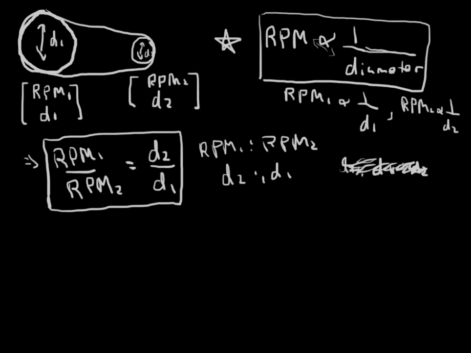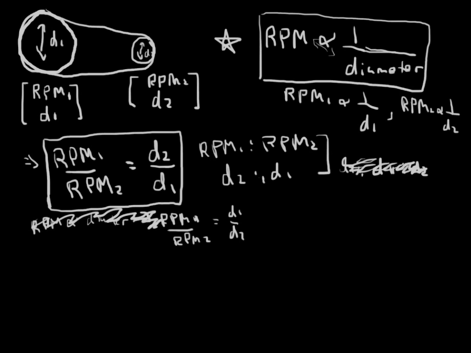So this is what we have right here. If it turned out that RPM was proportional to something's diameter for the pulley, then we would write RPM 1 over RPM 2 is D1 over D2. It would be across, not diagonal. But that's not the case.